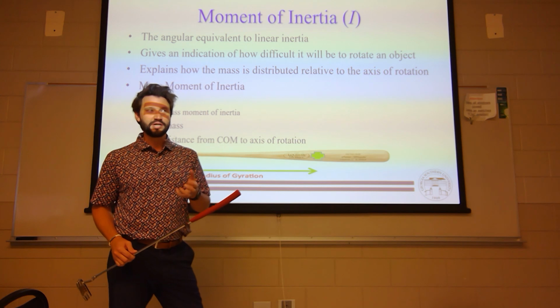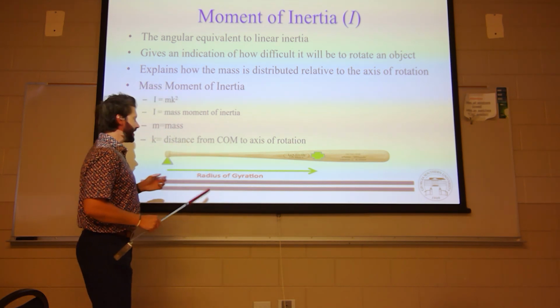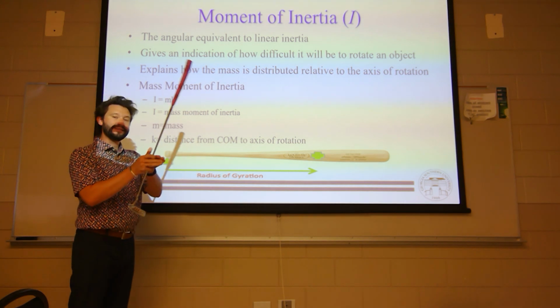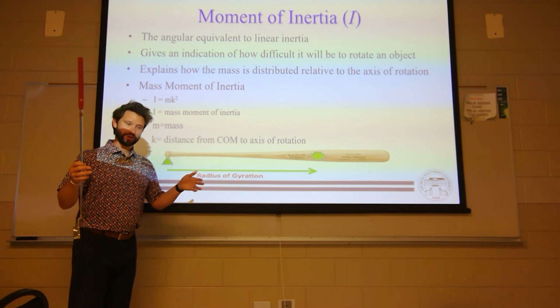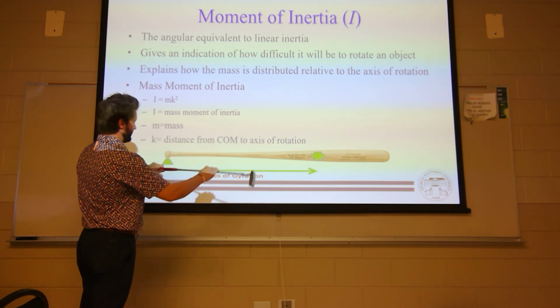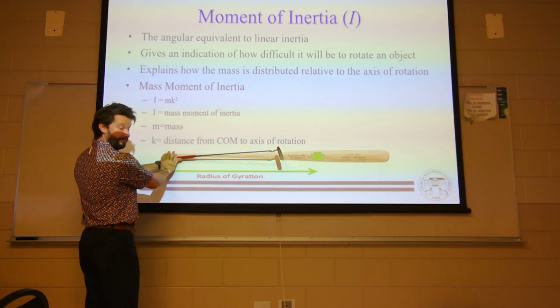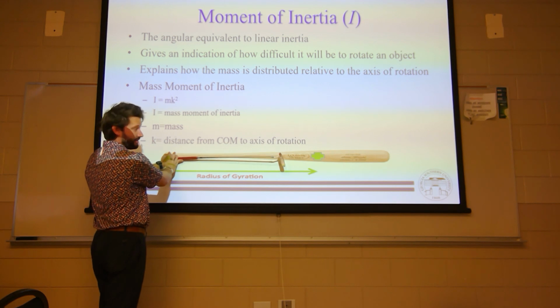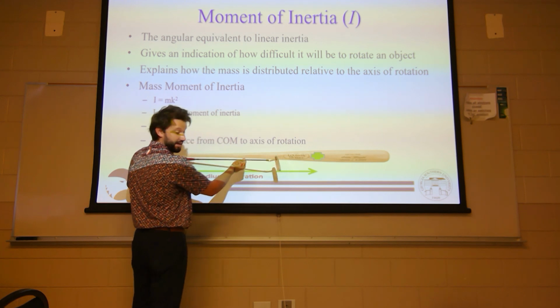Okay, so the radius of gyration, that is a new term for us. Let's talk about what that is. The radius of gyration is a distance measurement. Okay, so it's a length measurement. It is the distance on an object from the axis of rotation of the object to the center of mass of the object.